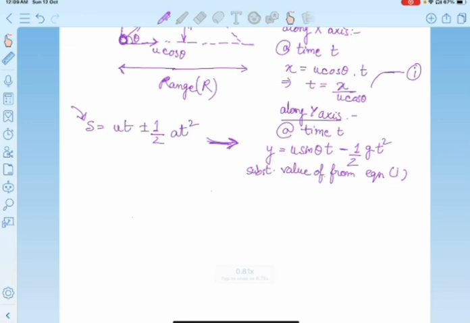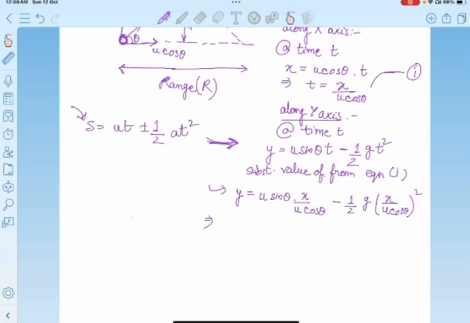So let's have a look. y is equal to u sine theta into t, which is x upon u cos theta, minus half g t square, which is x by u cos theta whole square.